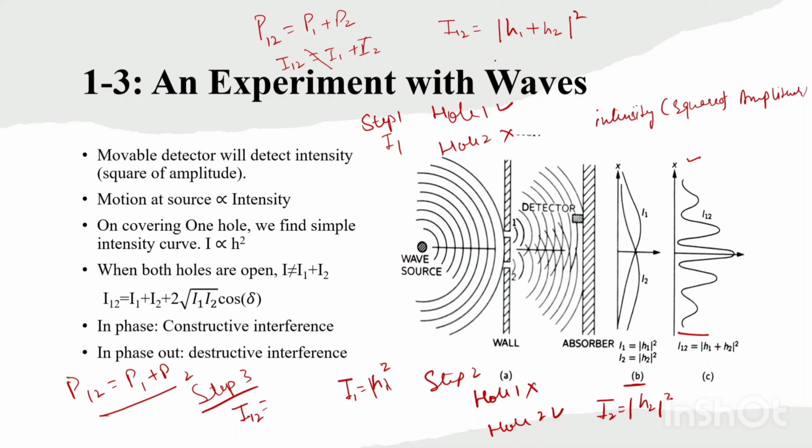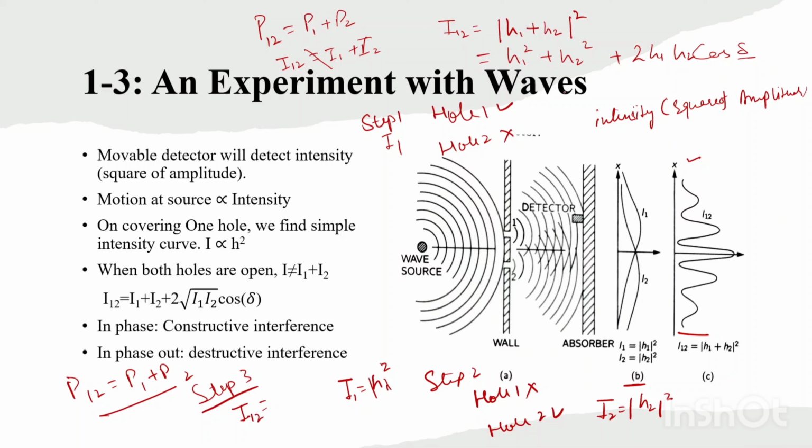So you know the maths, A plus B squared: this is H1 squared plus H2 squared plus 2 H1 H2 cos delta. Now this delta is the term we call the phase difference between the H1 and H2 amplitudes.